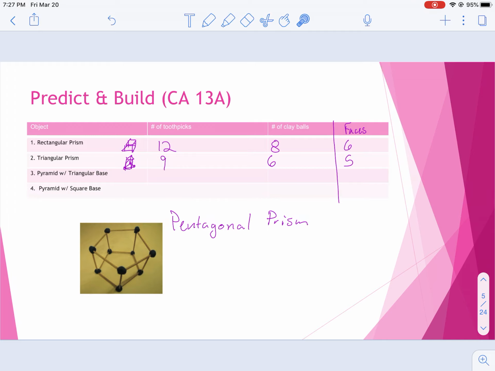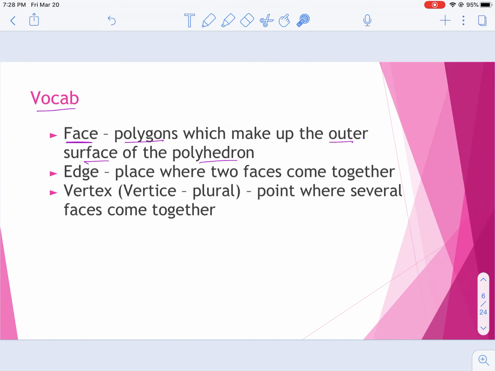You could see this rectangular face and this pentagonal face come together at the toothpick. So we can think of this edge as the toothpick. And then the vertex is the point where several faces come together. We can think about that as the gumdrop or the clay ball.